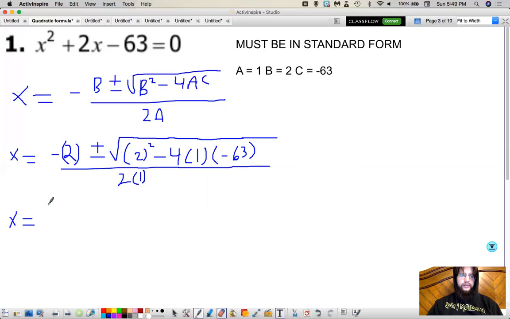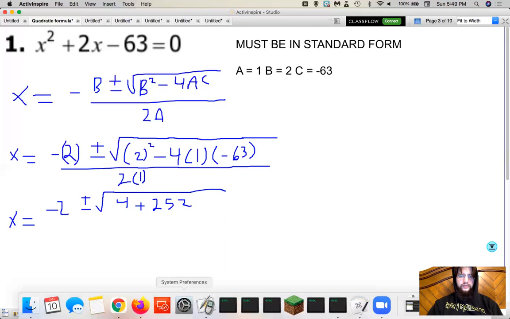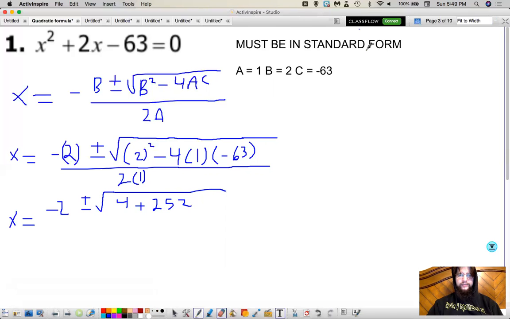So negative 2, that's just negative 2. 2 squared is 4. Negative makes a positive. 4 times 63, that's 252. Let me get my calculator. Hang on.